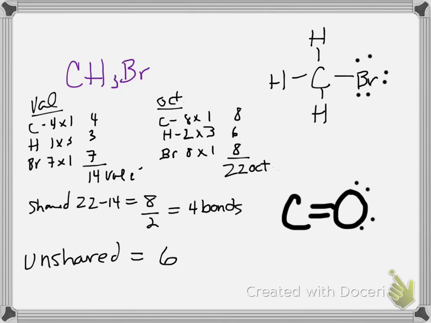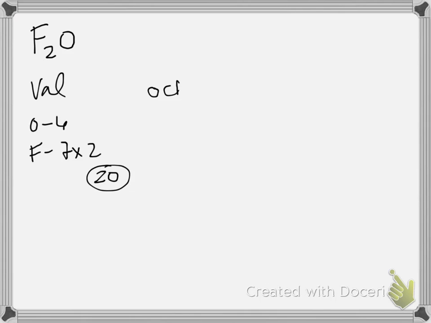Let's do another one. F2O. So valence, O has 6, fluorine has 7 times 2, 6 plus 14, we have 20 valence. Octet, 8, 8 times 2, so 24.